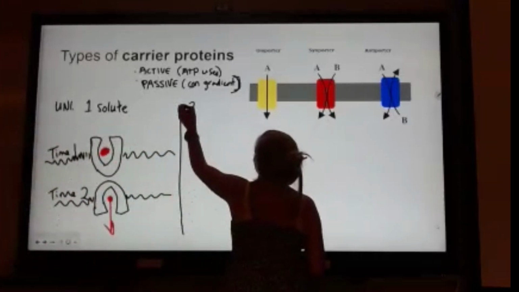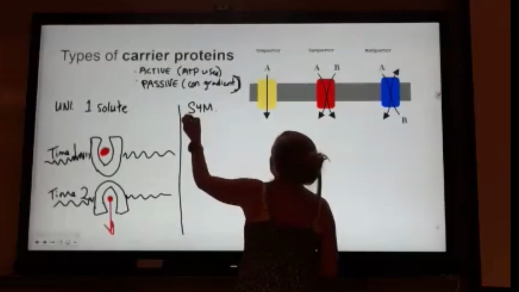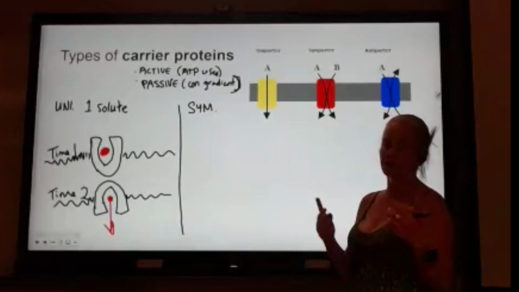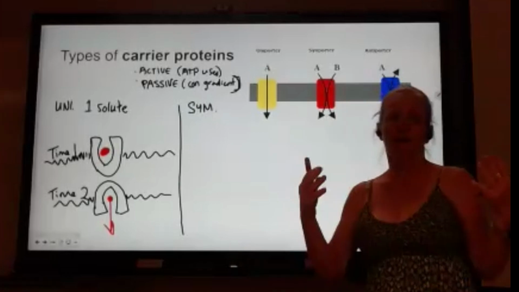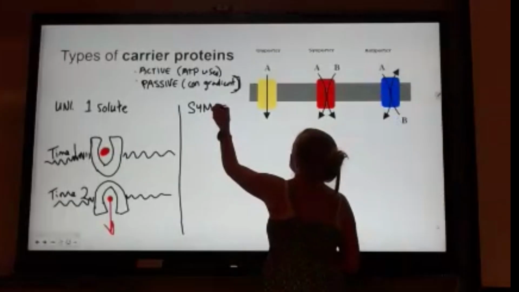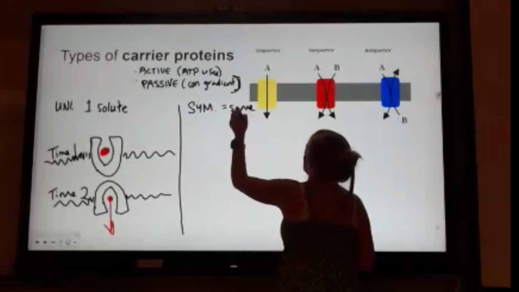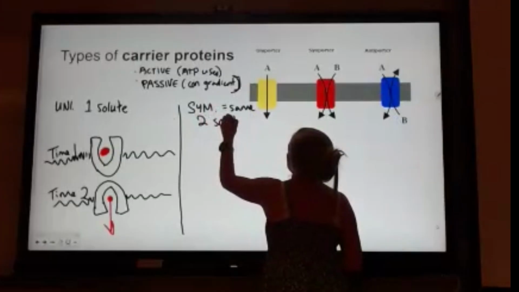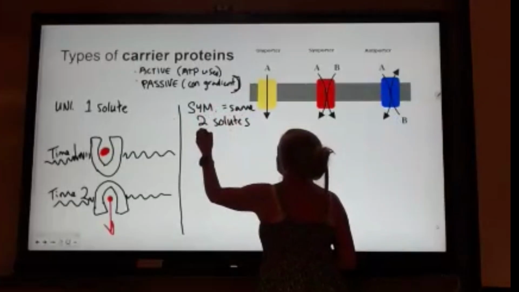Okay, our symporter, just like a symphony, we have all these different instruments that are playing the same piece of music. So sim means same. So now we're going to take 2 solutes and we're going to move them in the same direction.